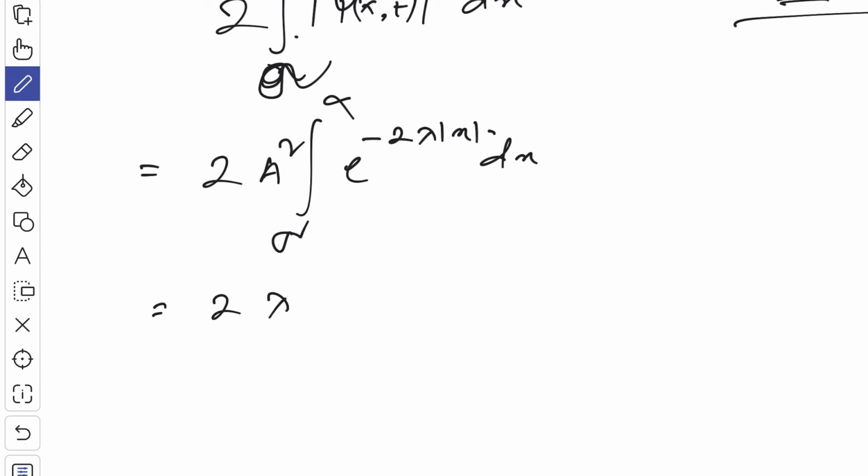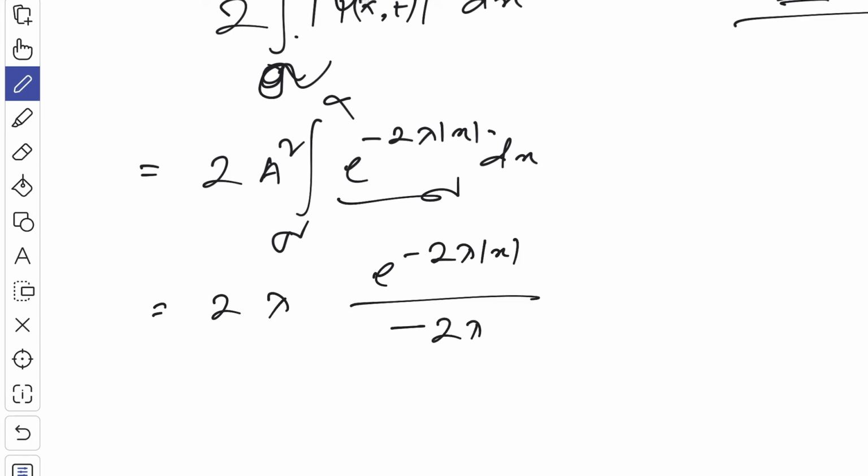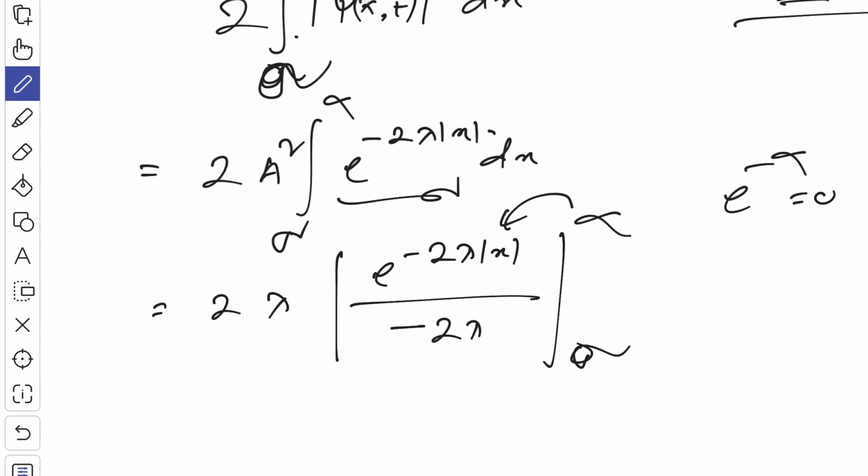If you integrate this, then you will get e to the power minus twice lambda mod of x by minus 2 lambda, from sigma to infinity. If you put infinity here, then e to the power minus infinity is 0, so that's going to be 0.